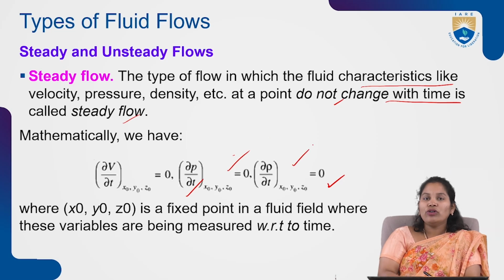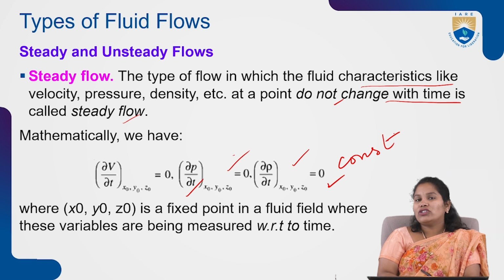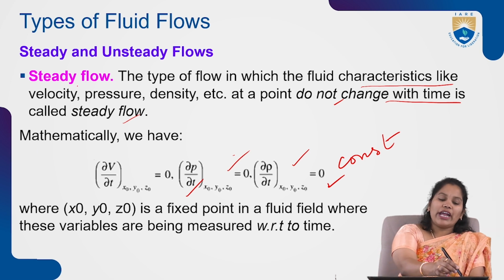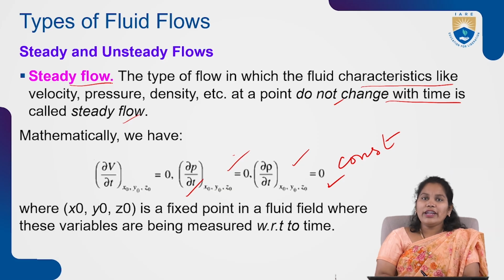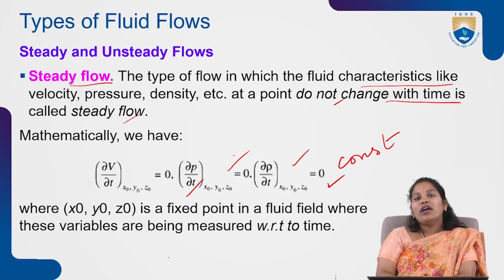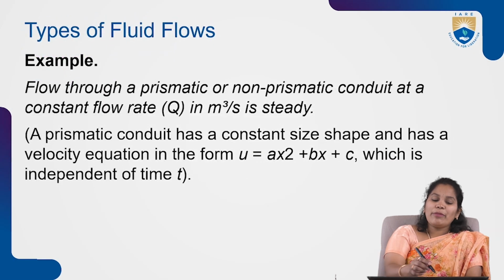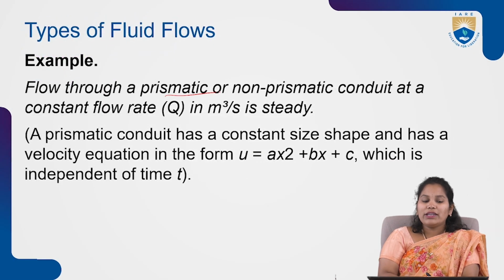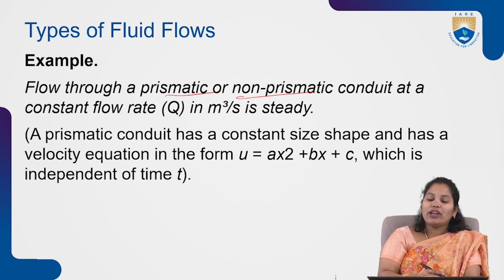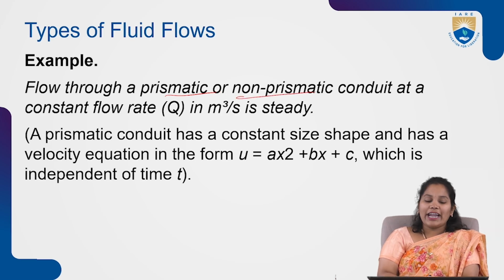and density also is the same. These are also constant, not changing. These parameters not changing with respect to time is nothing but a steady flow, right? The example for the steady flow is the flow through a prismatic or non-prismatic conduit at a constant flow rate.